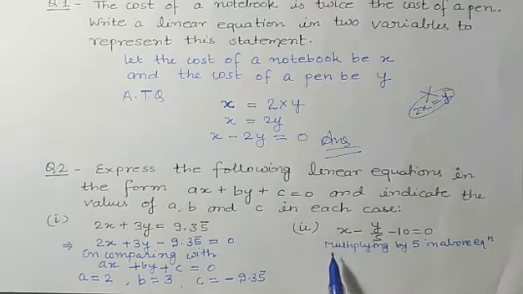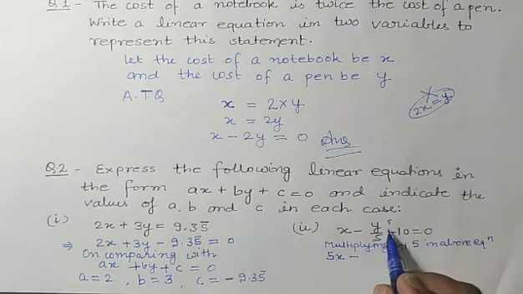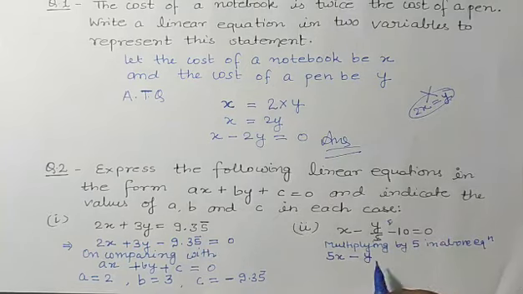Okay, so just multiply by 5, so this will be 5x, and here when we multiply by 5, that 5 and this 5 will cancel out, so it will be only minus y, and when we multiply here, it will be minus 50 is equal to 0. Okay, so now students, we'll compare.